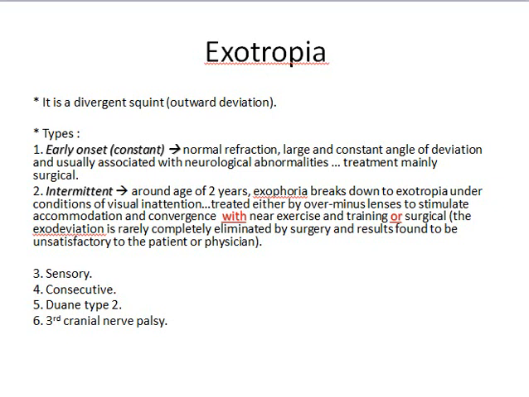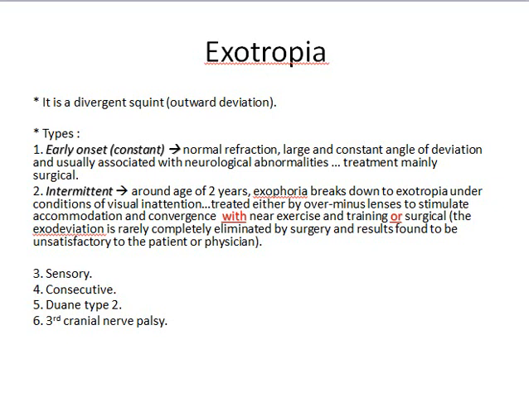Exophoria breaks down to exotropia under conditions of visual inattention or under sunlight. It is treated either by using over-minus lenses in glasses to stimulate accommodation and convergence, with near exercise and training, or by surgical correction.